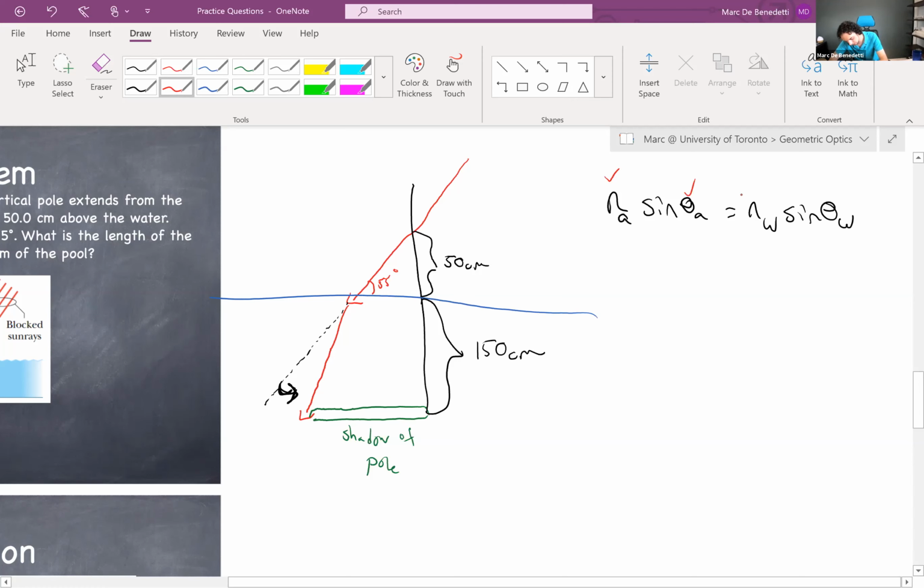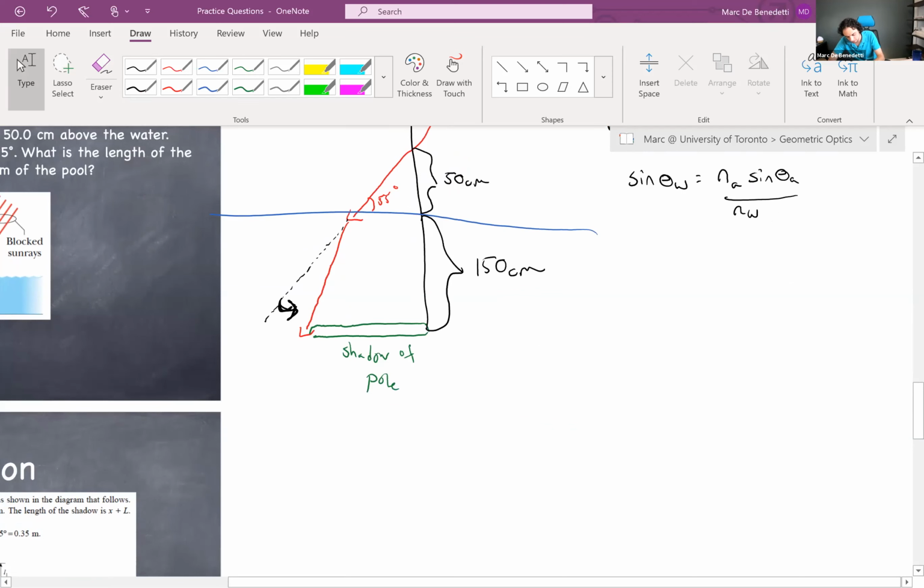So we can actually find theta water, and that's just going to be a rearrangement of Snell's law. So n air sine theta air over n water. Now n air is 1, so I don't have to write that anymore. So I'll say theta water is going to be equal to the arc sine of sine theta air over n water.